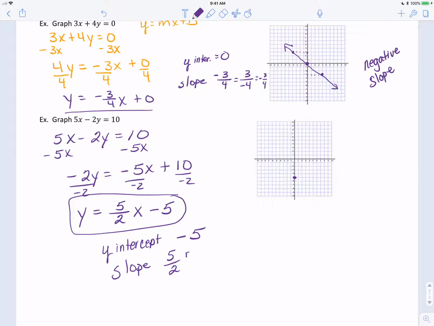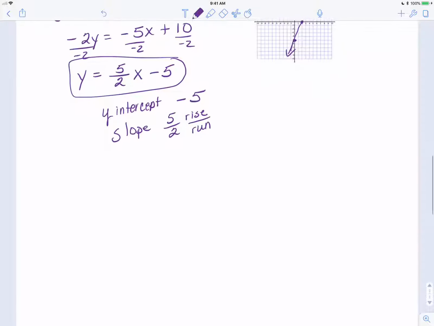Then we're going to use our slope, and we're always remembering we're going to rise up 5 because it's +5, and then we're going to run over 2 because it's +2. And we can do that again if we want to. Up 5/2, should be in that spot. Okay, so now we're going to connect the dots, and we have graphed the equation of that line.